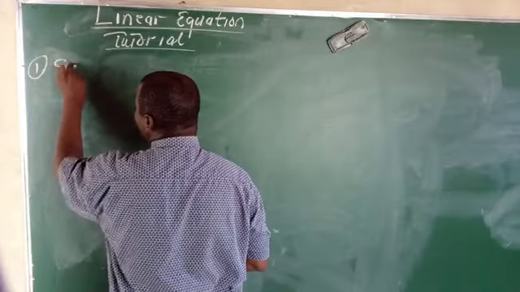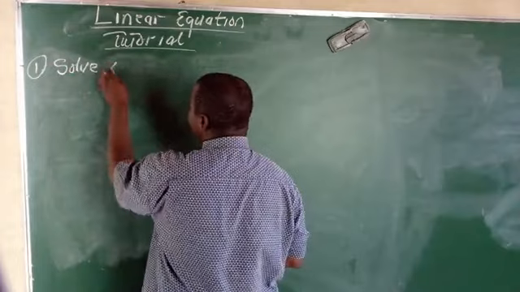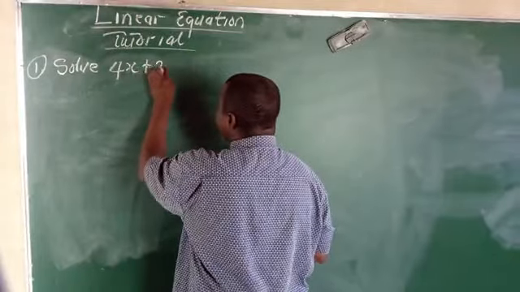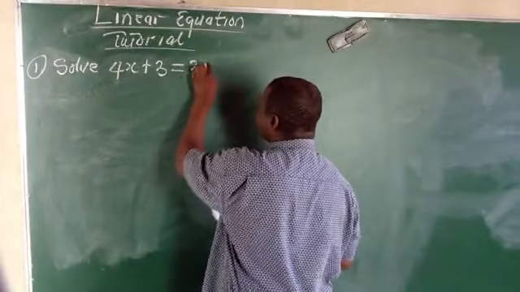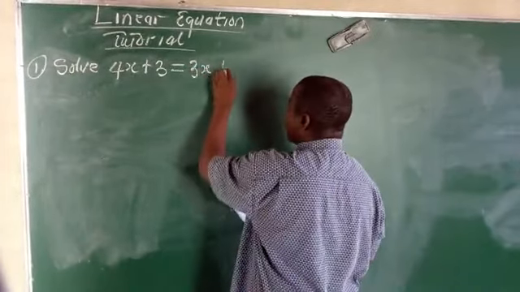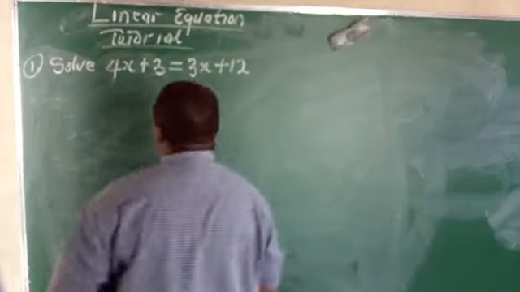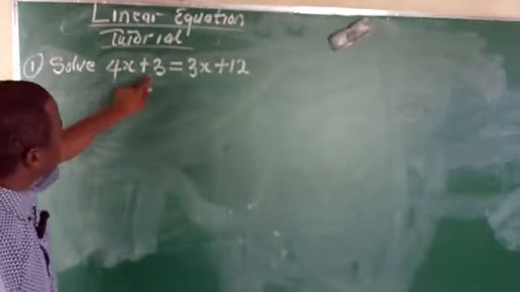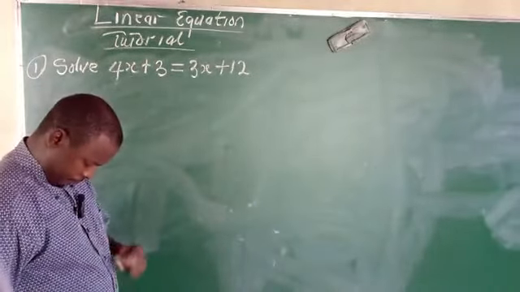One is saying that we should solve 4x plus 3 is equal to 3x plus 12. You see, we are given 4x plus 3 equal to 3x plus 12 to solve.